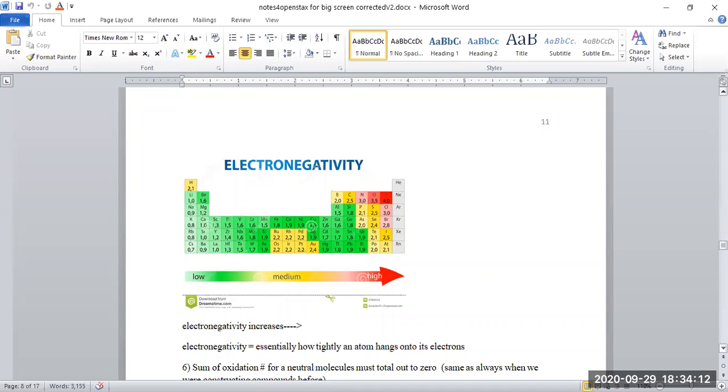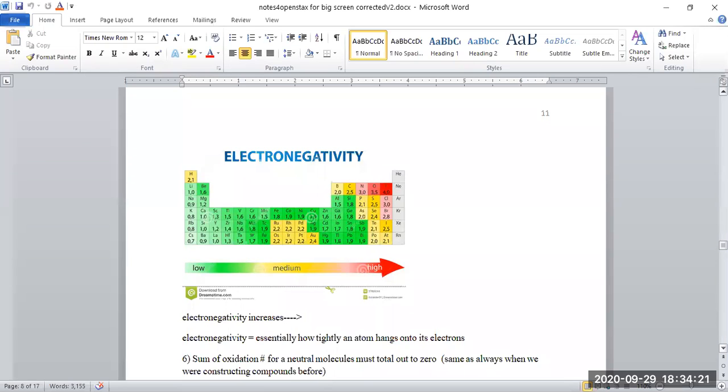What electronegativity does for you is it tells you how tightly an atom hangs on to its electrons. So fluorine, being the electron pig that it is, hangs onto its electrons super, super tight. As you go back in the other direction across the periodic table, it becomes easier and easier to steal electrons from things as you go back toward the left-hand side.